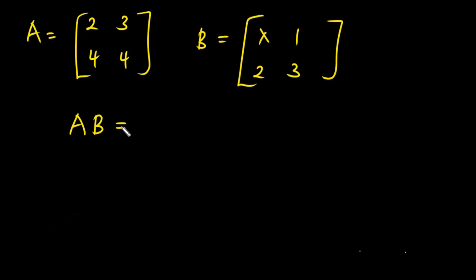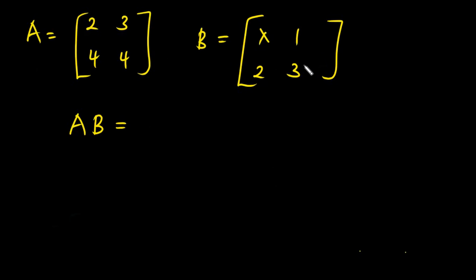So what is a singular matrix? A singular matrix is a matrix whose determinant is 0. So if we multiply matrix A by matrix B, we should get a matrix whose determinant is 0.